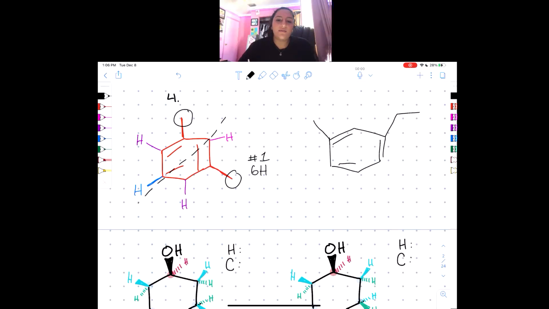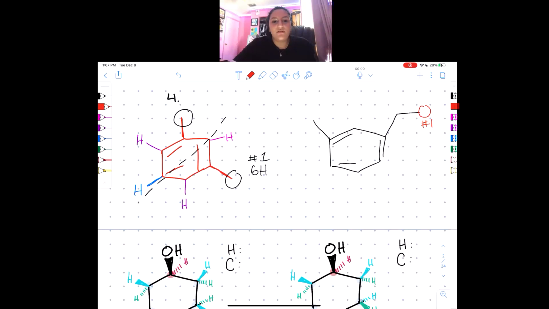So now, do we have symmetry? No, we don't. So things are going to be a little bit different. The first signal we're going to talk about is, let's just start over here. So these three hydrogens are going to be different than everything else, but they are the same as one another. So that'll be signal number 1.